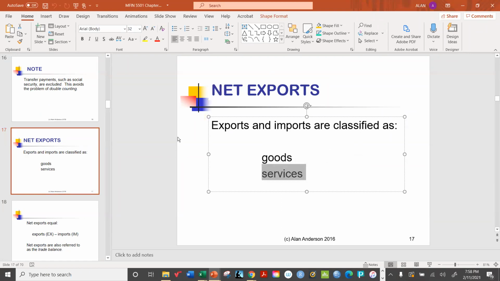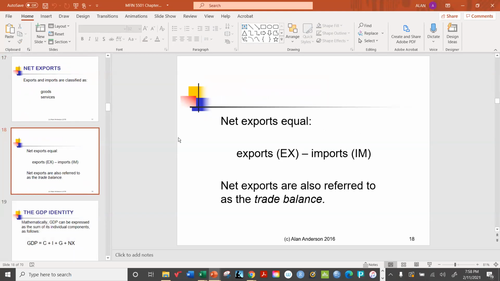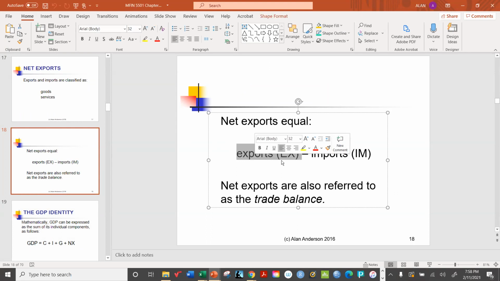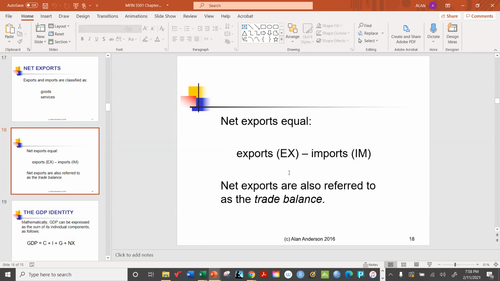Okay, that makes sense. Net exports means the dollar value of our exports minus our imports. In the popular press, this is often referred to as the trade balance. This is what it actually means: the difference between the value of our exports and the value of our imports.